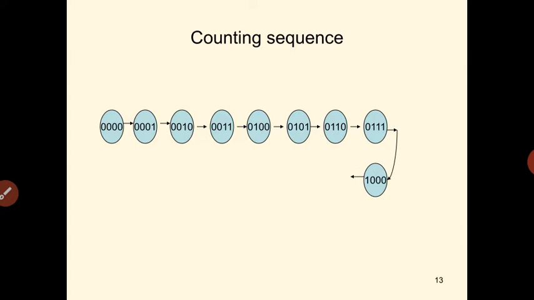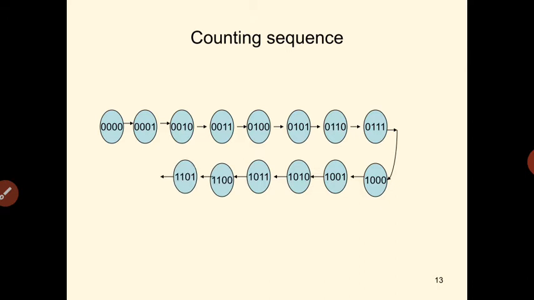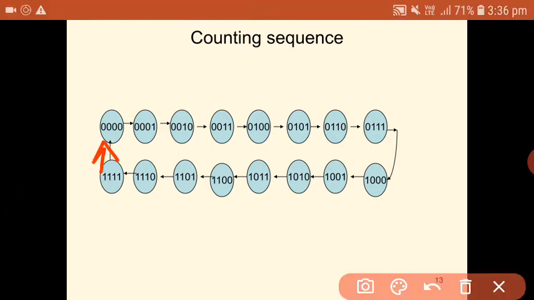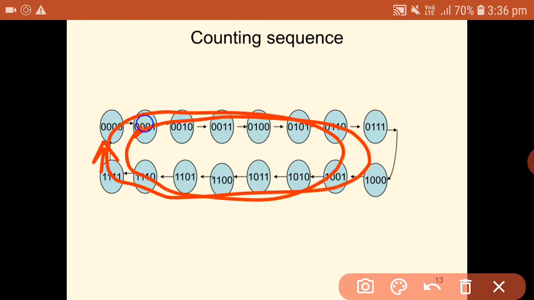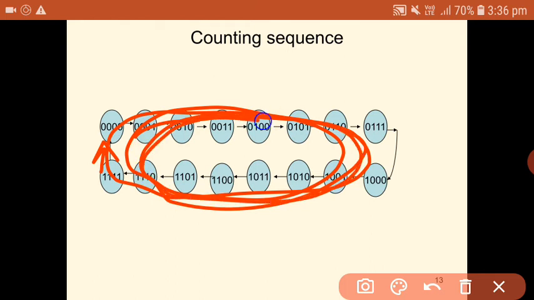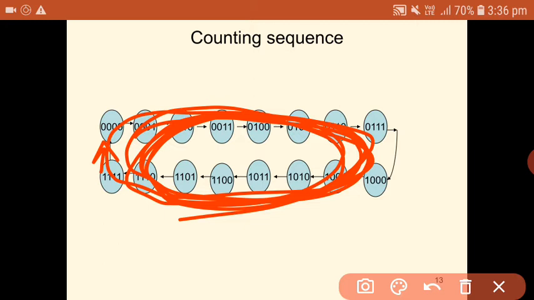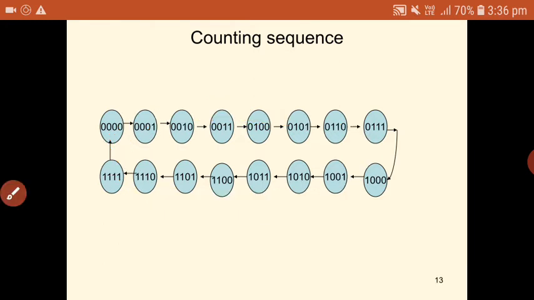Next 1 0 0 0, 1 0 0 1, 1 0 1 0, 1 0 1 1, 1 1 0 0, 1 1 0 1, 1 1 1 0, lastly 1 1 1 1, and then again it comes back to the initial state, that is 0 0 0 0. So it is a cyclic process. As long as you are applying the clock pulses continuously, the counter keeps on counting the number of clock pulses like this. So this is the counting sequence of the 4-bit ripple counter.